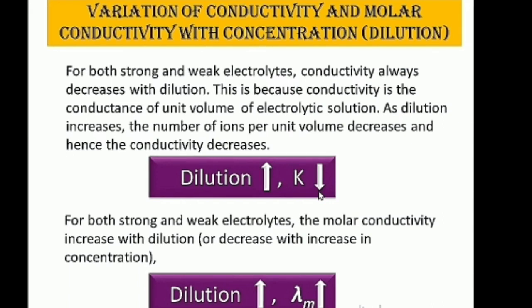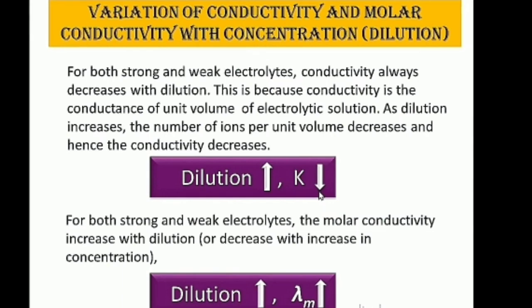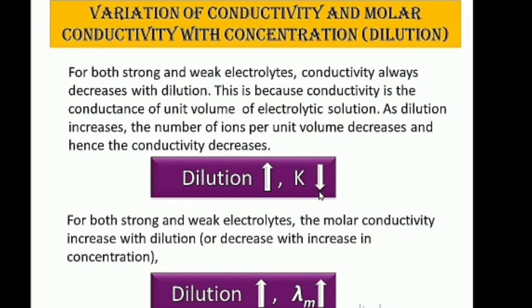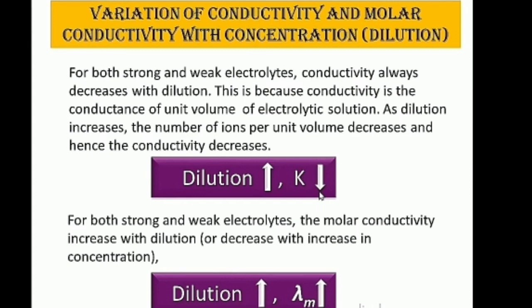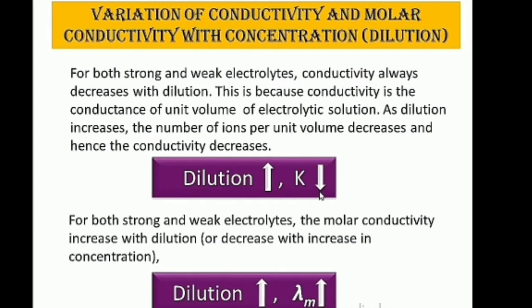Strong electrolytes are completely ionized in solution, for example NaCl, KCl, etc. But weak electrolytes are partially ionized in solution, for example acetic acid. In both strong and weak electrolytes, the molar conductivity increases on dilution or decrease in concentration. This can be easily explained with the help of an example.